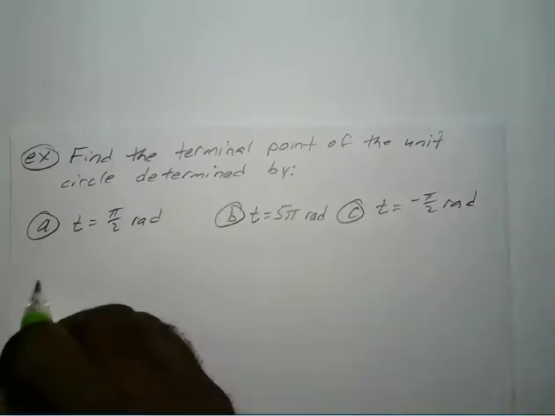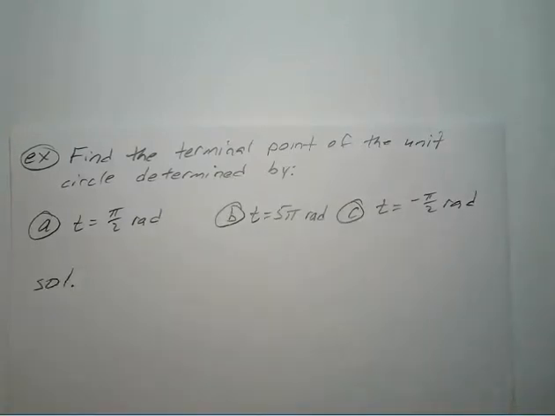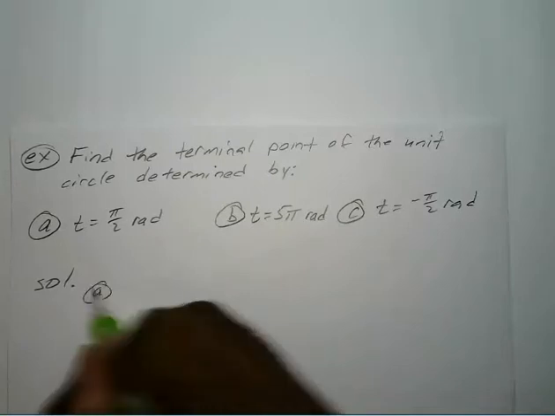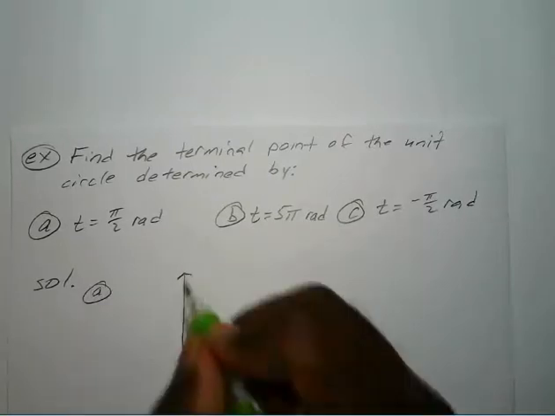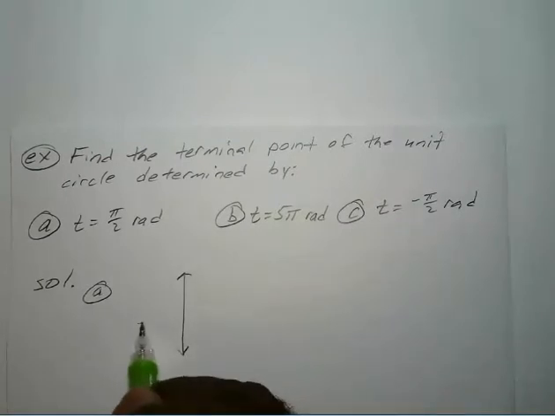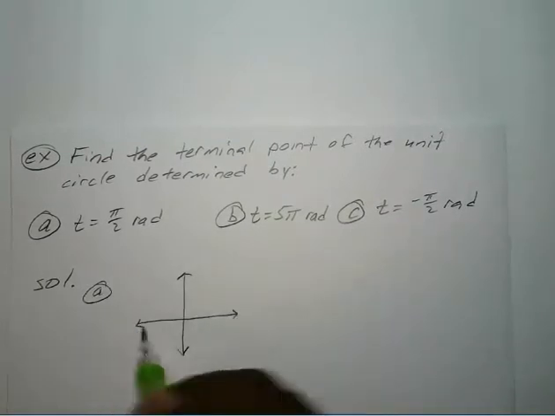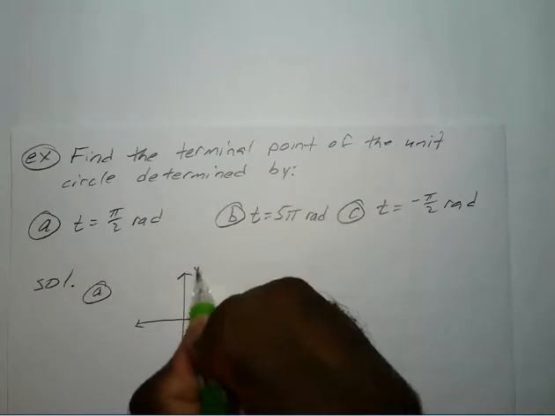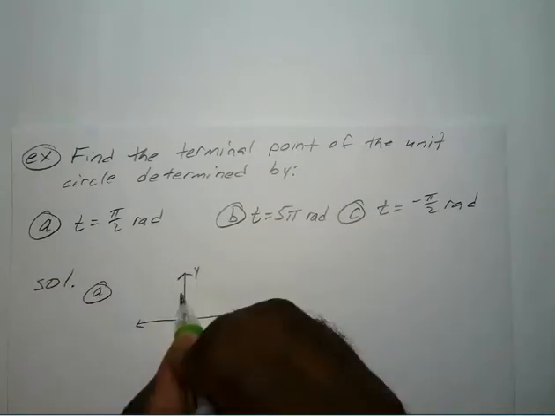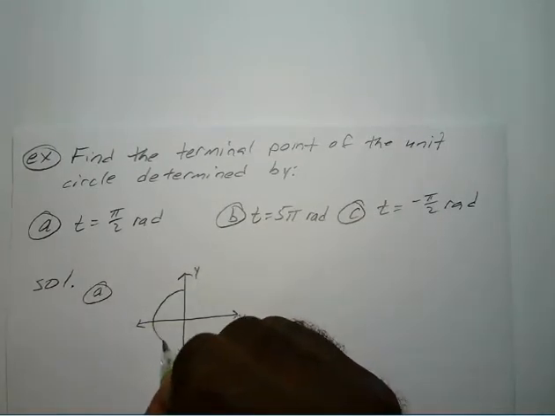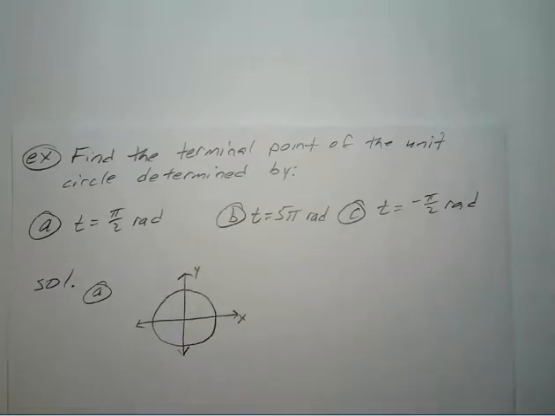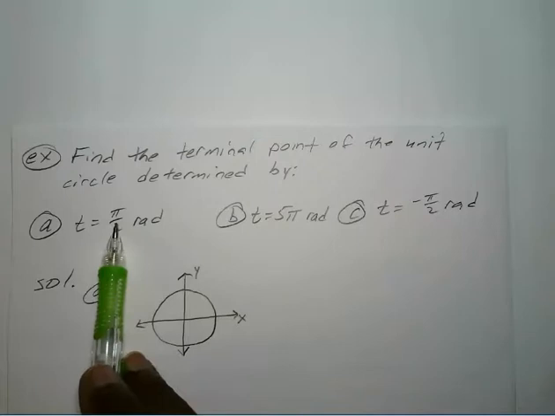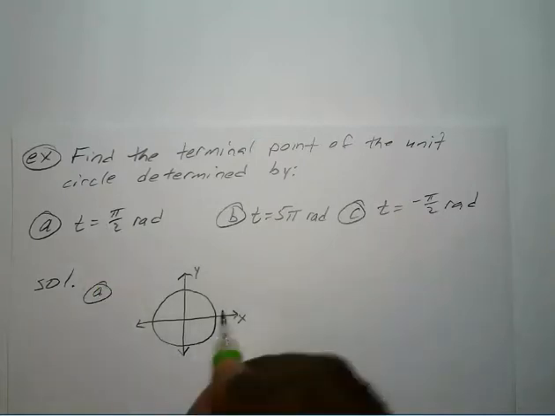Alright, so we're going to draw like mini unit circles for each one. So for problem A, you have your x and you have your y. So if we draw a little mini unit circle there, we're looking for pi over 2 radians. Okay, remember you're starting here at t equals 0.